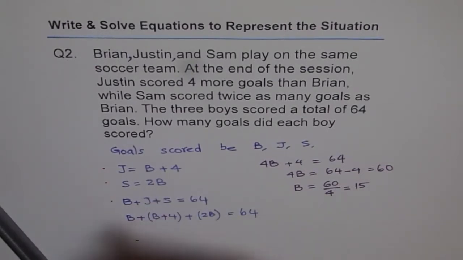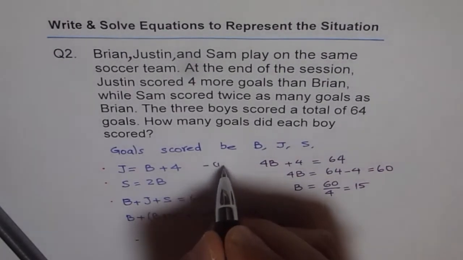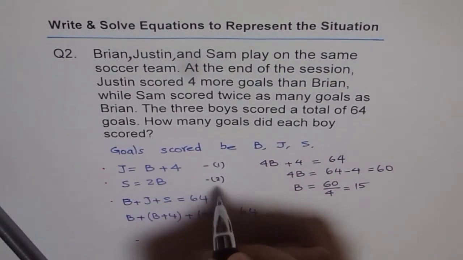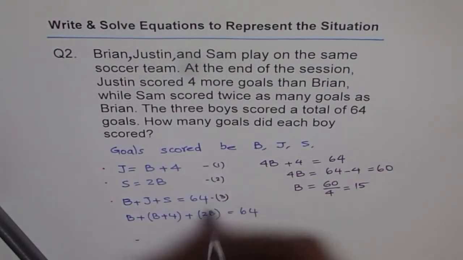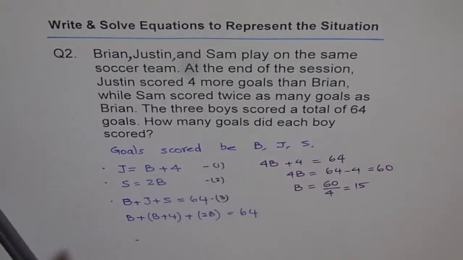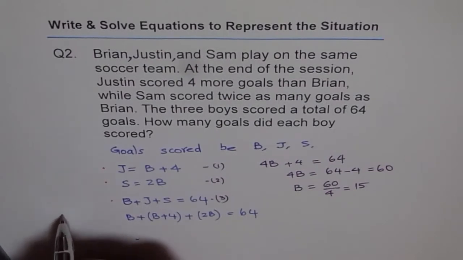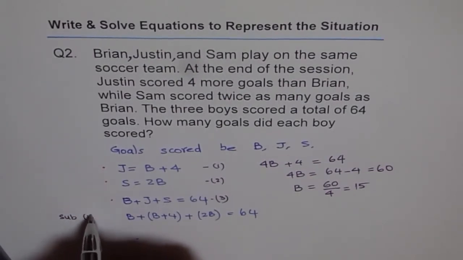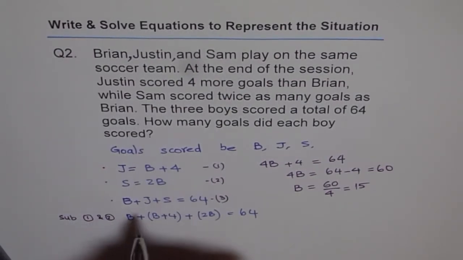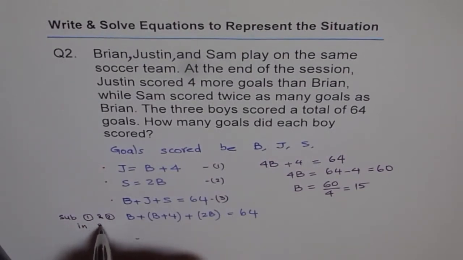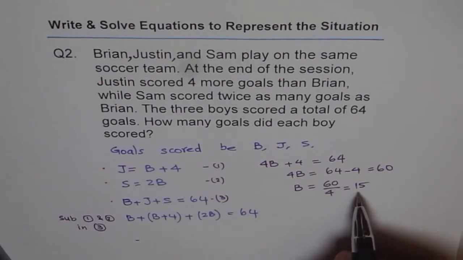If B is 15, then you should substitute in your given equations. And it's good practice to write the equation numbers, correct? So here what we did, we combined in 3, we substituted 1 and 2, right? So we substituted equations 1 and 2 in equation 3. Then we got this equation. We calculated, found B as 15.